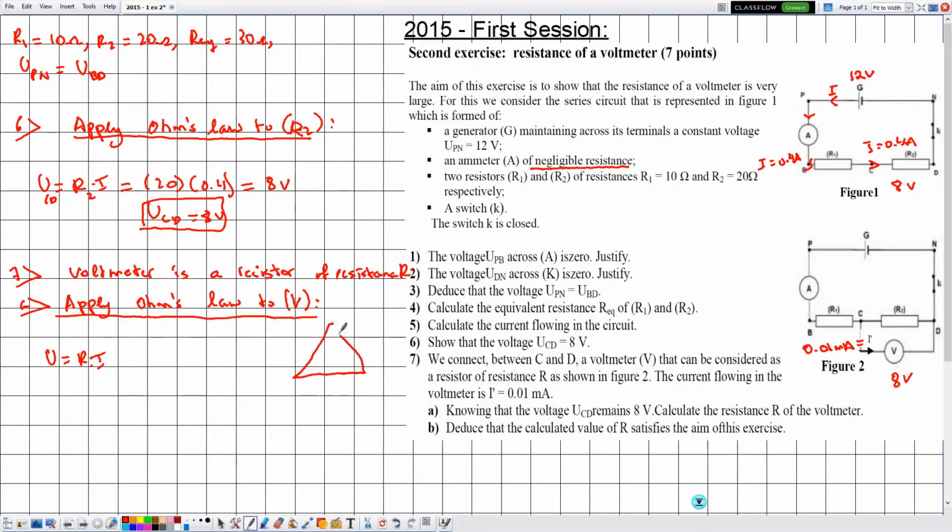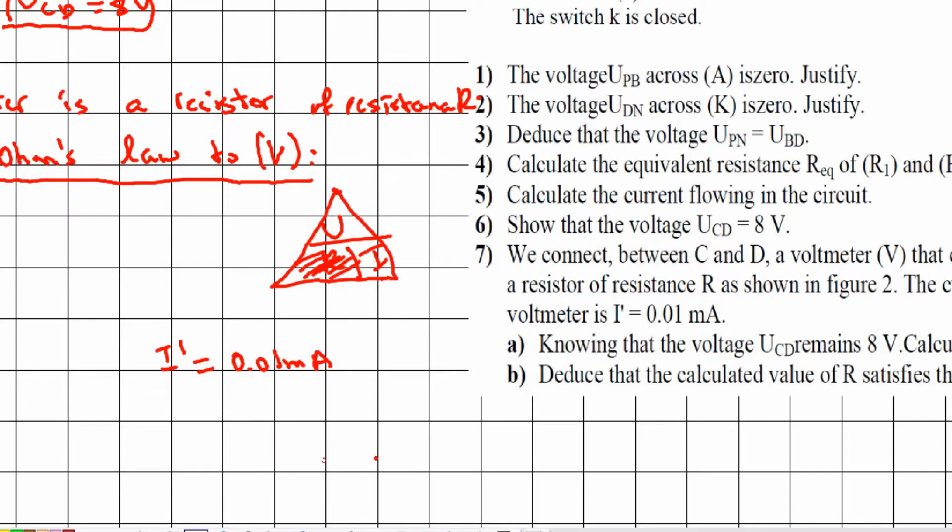Constructing the triangle of this formula, U at the top, R and I at the bottom, we are interested in calculating the value of R. The voltmeter has an applied voltage UCD and a traversing current I prime. Now let's convert I prime to the SI because it's given by 0.01 milliamps. In order to convert milliamps to amps, we divide by 1000.